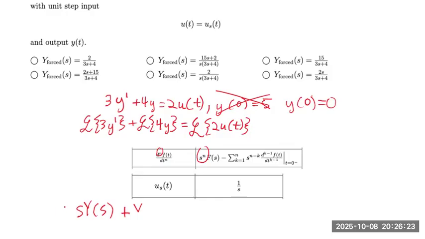So this is 3sY(s) + 4Y(s), and this is equal to the Laplace of 2u(t).